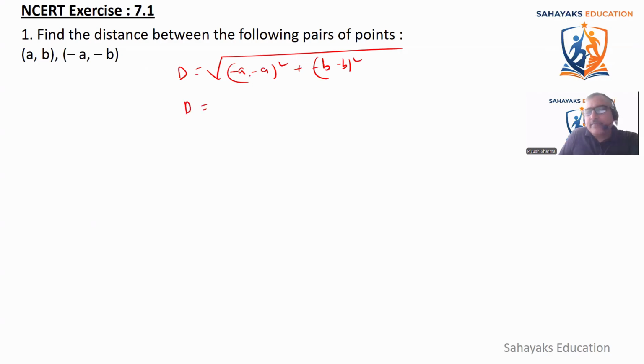It comes out to be minus A minus A is minus 2A. Minus 2A whole square is 4A square. And minus B minus B is minus 2B. Minus 2B square is 4B square. So we can take 2 common out of this. Basically, 2 will come out. It will become 2 root of A square plus B square. This is the distance.